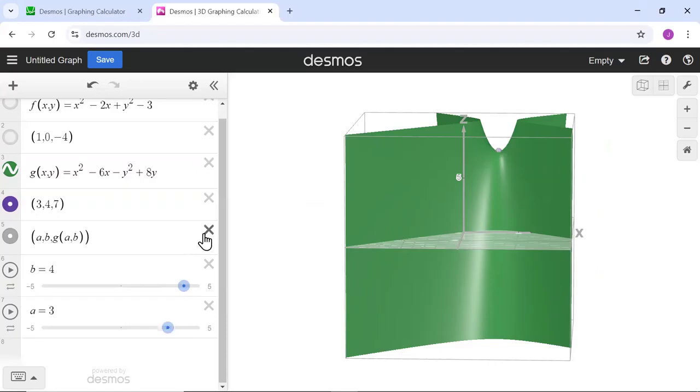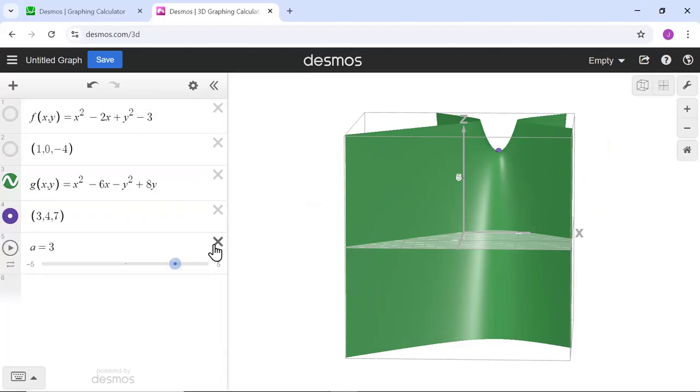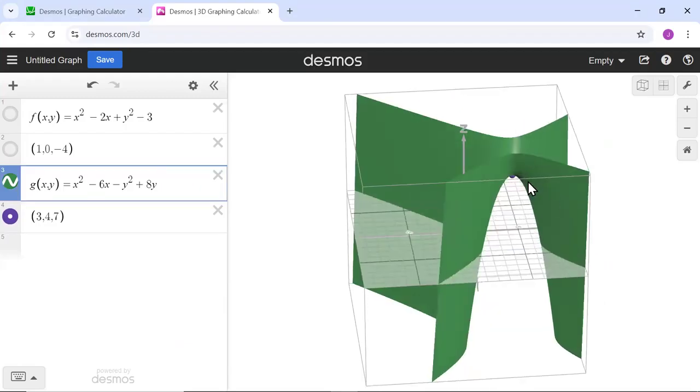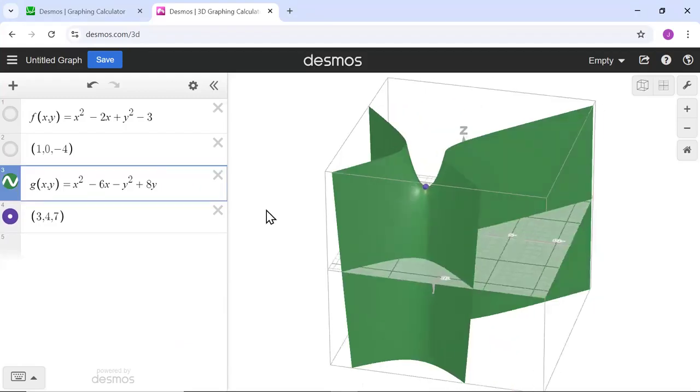This point, this 3, 4, 7, is what's called a saddle point. And it's called a saddle point because if you look at it, it kind of looks like a saddle. Like if you sat on this point with your legs off to the left, your legs would be going down, pointing down.